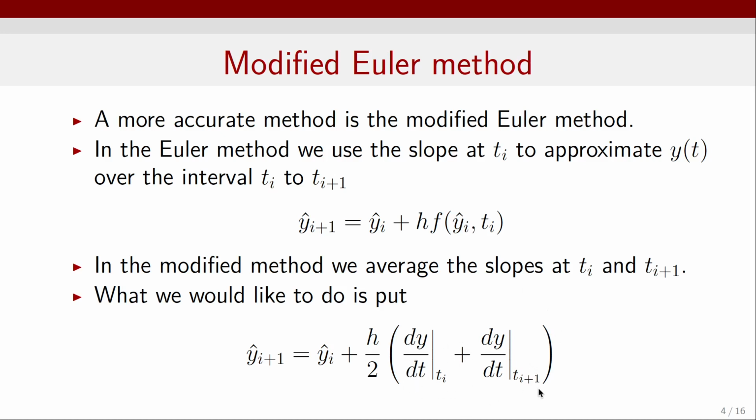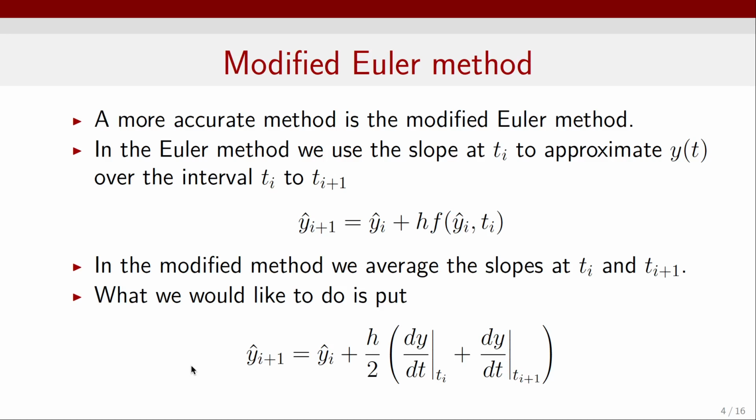Another way to derive this equation is to use the trapezoidal rule. So remember, the equation we're solving is dy by dt equals f.